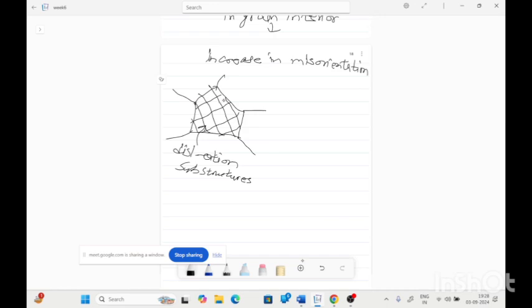If we zoom out this region, we can see the A and B regions, and in this region small shear bands are formed like this.